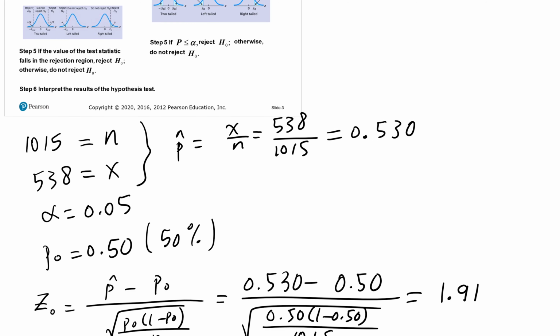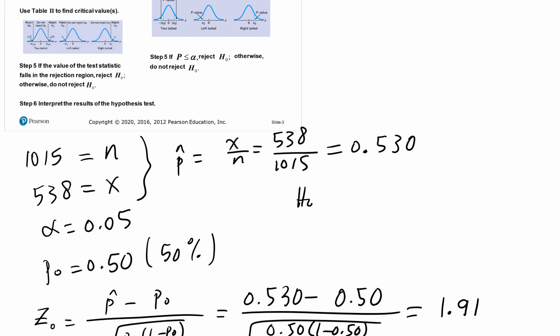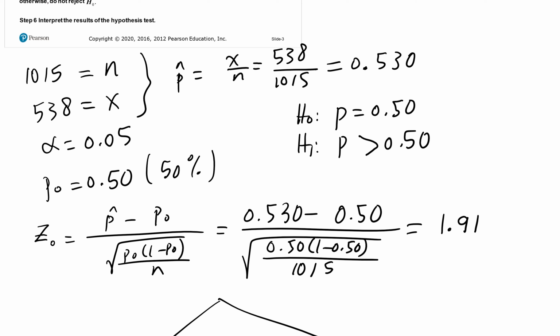Where's the null hypothesis? We always set it equal to p0, which is 0.50, and the claim says a majority, meaning more than 50%. More than means this is a right-tailed test.